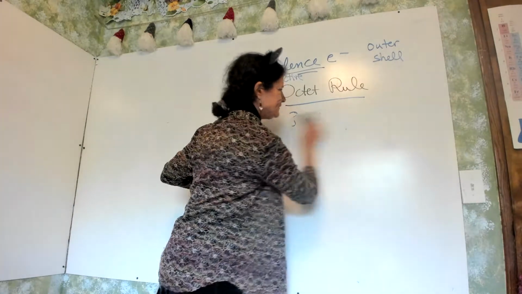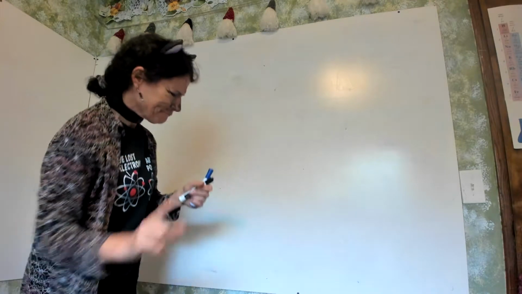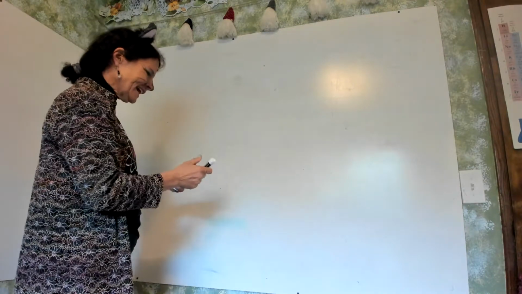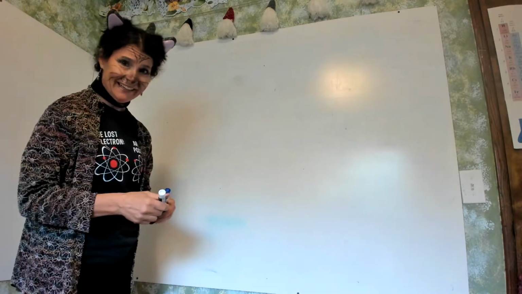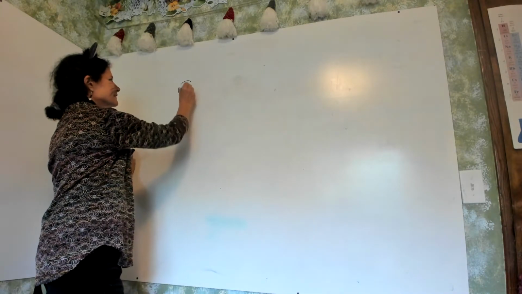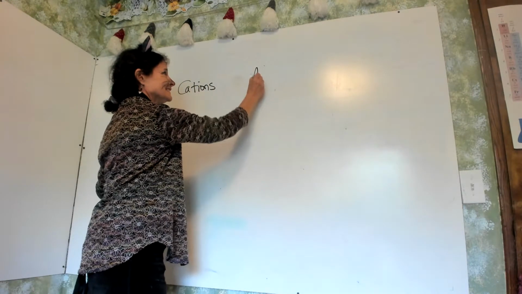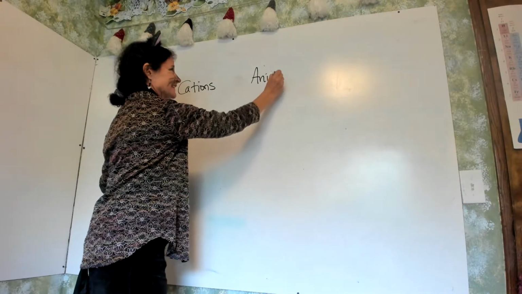We're going to, in this video, talk about gaining and losing electrons. But we can have cations and anions, so let's talk about those first.